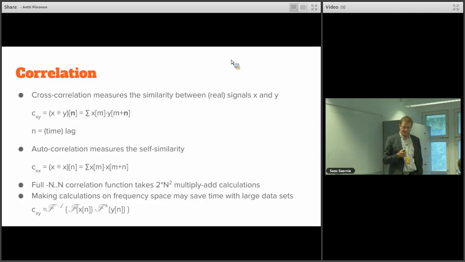Cross correlation. Earlier we had a noisy kind of thing. With noisy signals, there is a tool called correlation, which can be used to find out if there is any signal in very noisy data, or in some other applications.